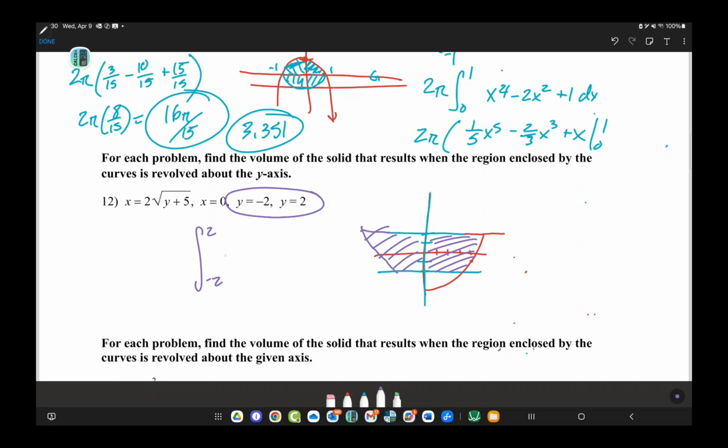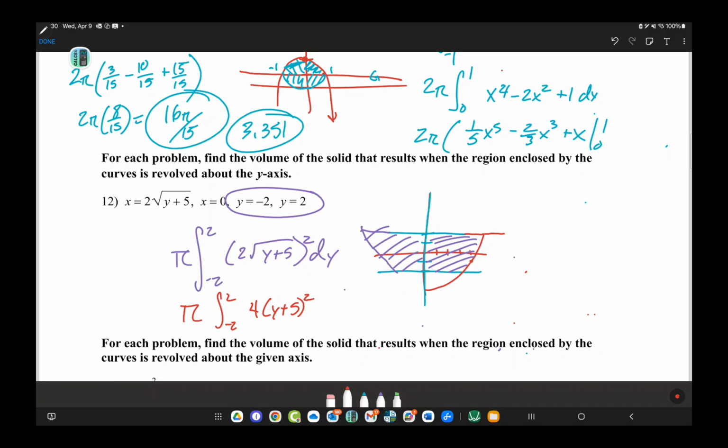All right, of the function squared, the square root of 2y plus 5, squared, dy. Don't forget pi. Now, the nice thing is what happens when you square the square root? So pi times the integral from -2 to 2 of 2y plus 5.